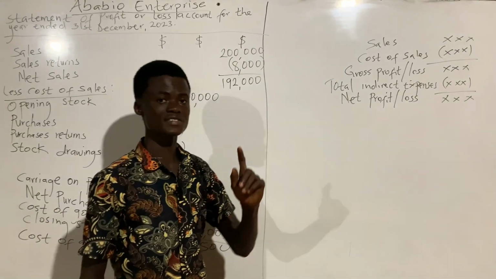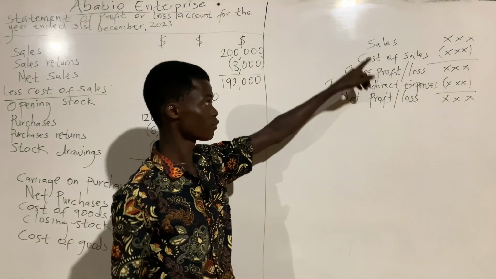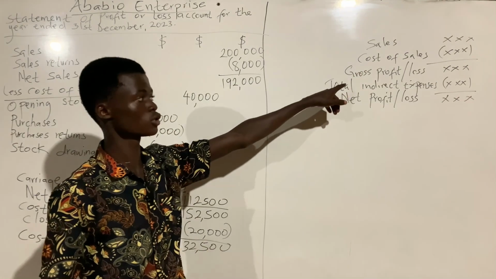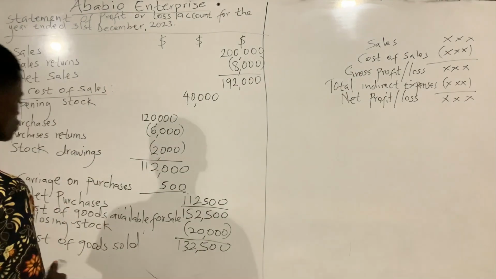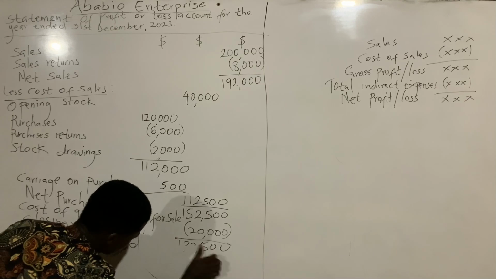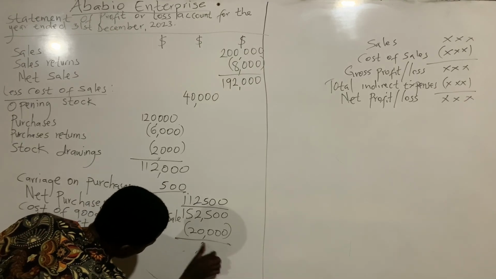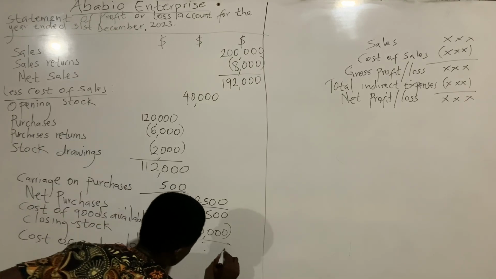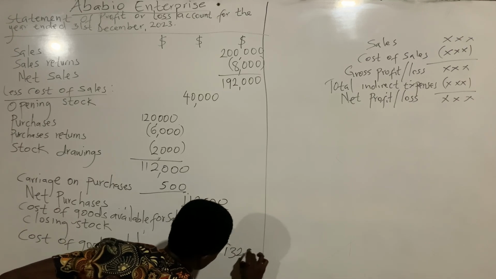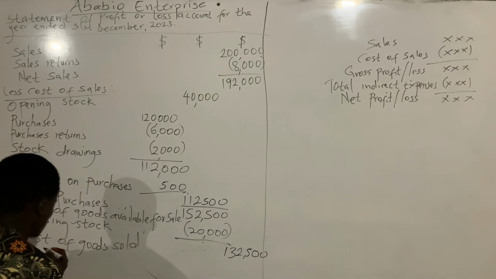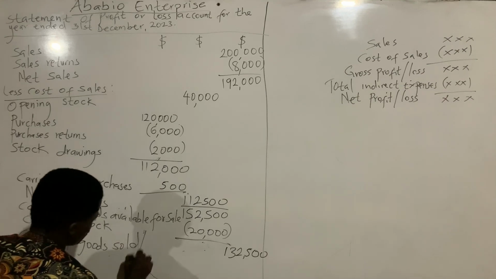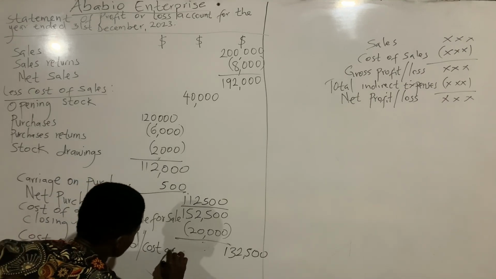And we said the cost of sales is the item that will be subtracted from the sales figure to get our gross profit or loss. So we will push this cost of sales figure to the last column, 132,500. So it is either cost of goods sold or cost of sales.